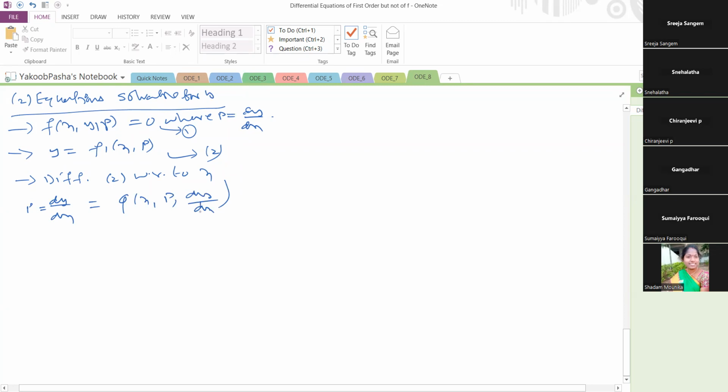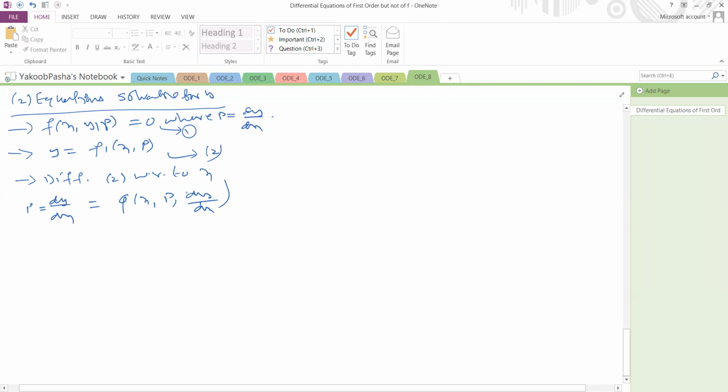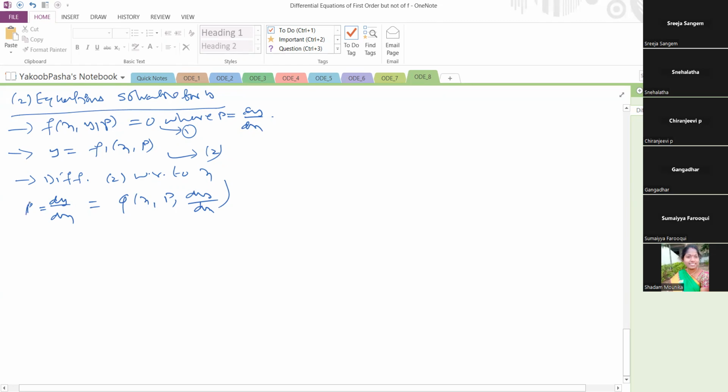Now separate the x dx terms on one side and p dp terms on the other. Now we can solve by separating the variables. Okay, we get the solution. We can eliminate p from these two equations. After eliminating p and substituting in equation 1, we get the required solution.